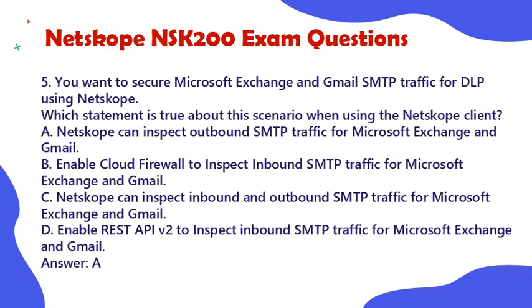B. Enable Cloud Firewall to inspect inbound SMTP traffic for Microsoft Exchange and Gmail. C. Netskope can inspect inbound and outbound SMTP traffic for Microsoft Exchange and Gmail. D. Enable REST API v2 to inspect inbound SMTP traffic for Microsoft Exchange and Gmail. Answer: A.